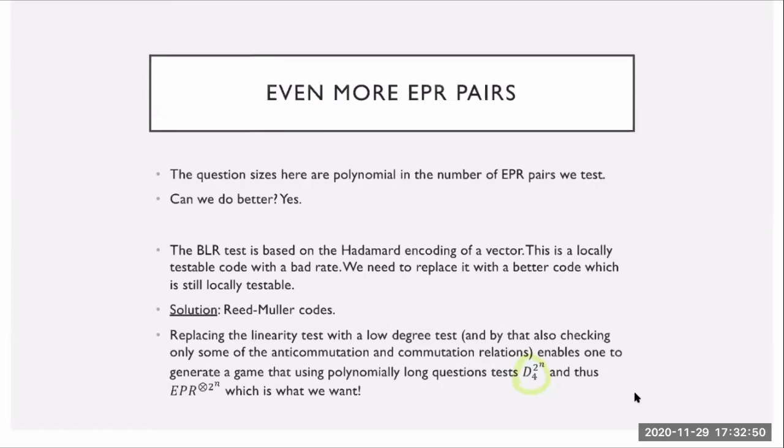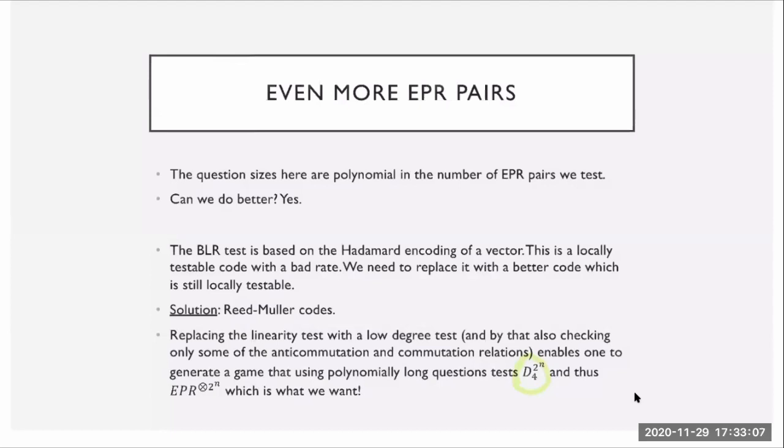So they had a problem with the soundness of these low degree tests, but they fixed it. And now they can still deduce the fact that they use exponentially many EPR pairs. But my point is that it's technically very hard to show this.